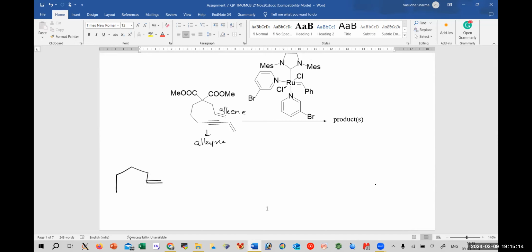Here it is double bond, the MCH2, because we are considering this ruthenium CH2Ph as your MCH2, just to be on a little convenient side. Okay, so here these rearrangements will happen. I'm just writing this particular.